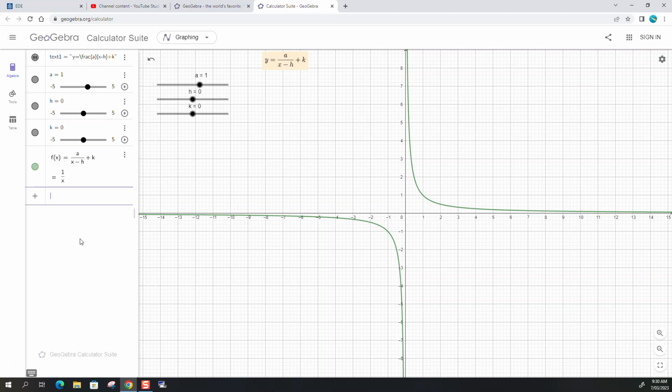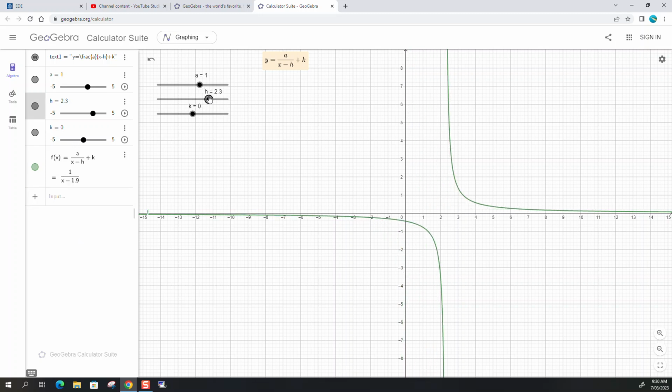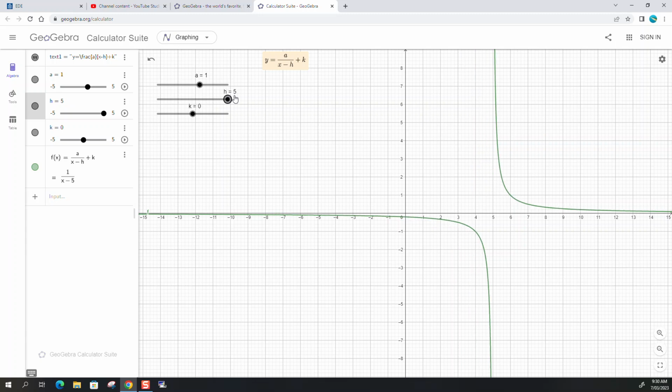It might be easier if I just move this a little bit. If I make the value of h 5, then all of a sudden I have the formula 1 over x take 5. Now this time I could put an x value of 0, because I end up calculating 1 over negative 5, which is negative 0.2. But I couldn't put x equal 5, because I'd end up with 1 divided by 0.